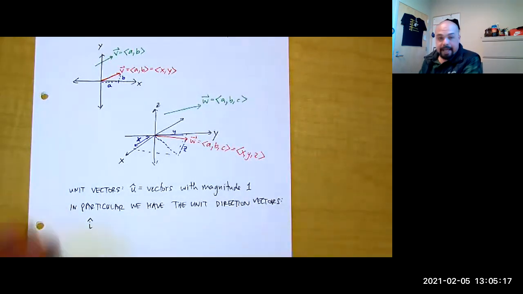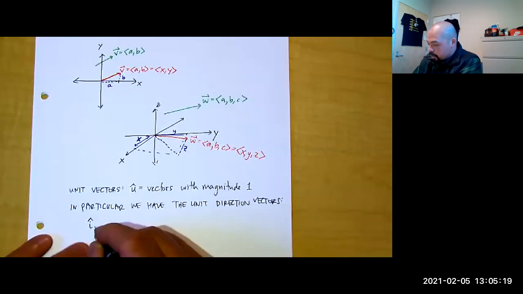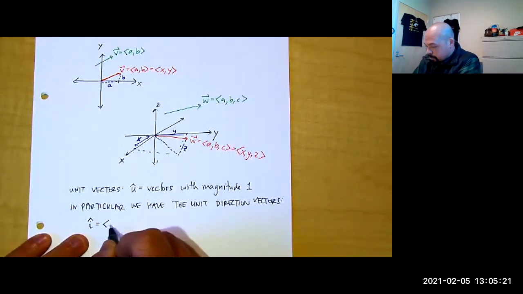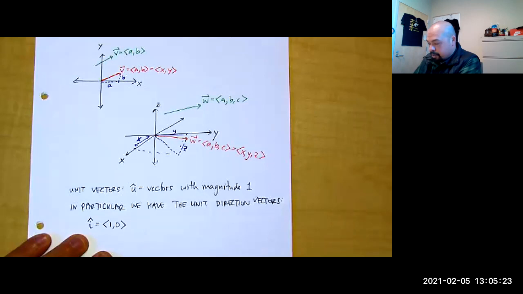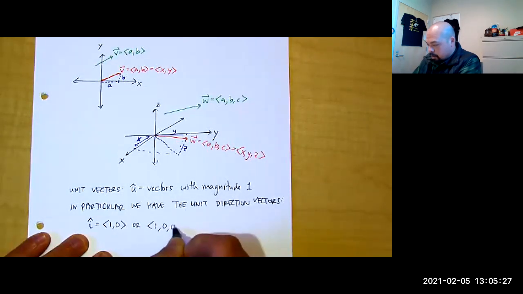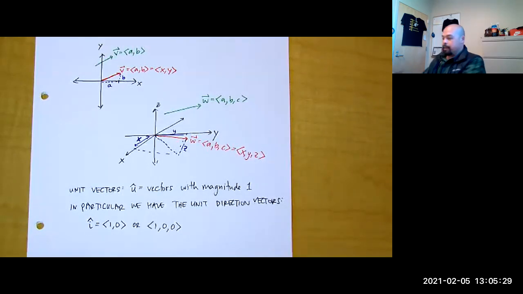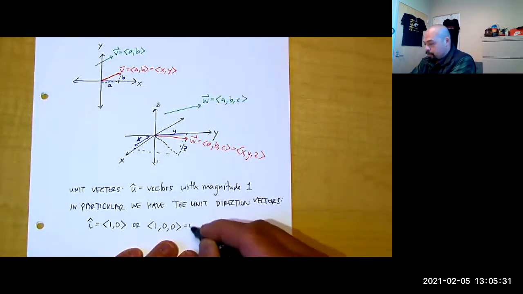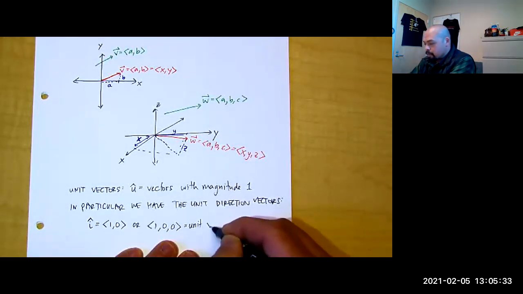This i hat is the vector 1, 0 in 2 space, or 1, 0, 0 in 3 space. This is our unit x vector.